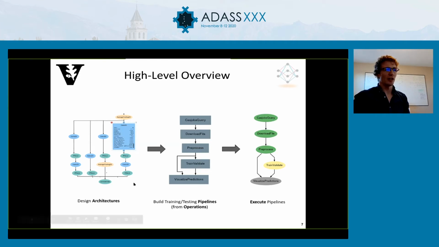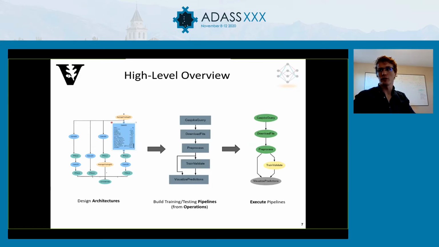And then after you've designed an architecture, this can be referenced within a workflow shown here in the center. This is a workflow or a pipeline, which is the more commonly used terminology in DeepForge. This is a pipeline consisting of 5 different operations. First, in this case, we're running a cast jobs query, which might be familiar if you've used SciServer.